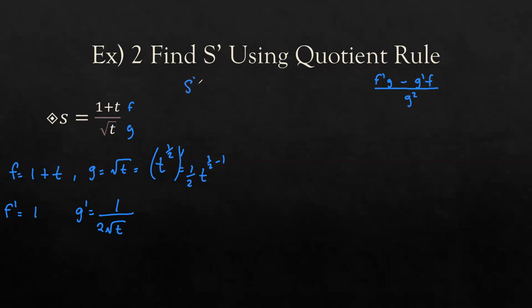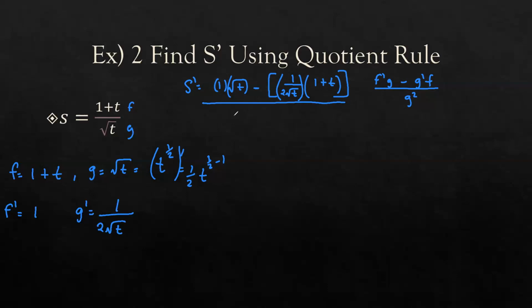So s prime is f prime, which is 1, times g, which is radical t, minus, in a bracket, g prime, which is 1 over 2 radical t, times regular f, which is 1 plus t, all over g squared.